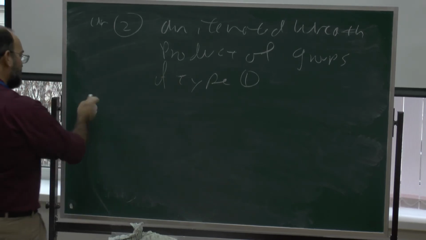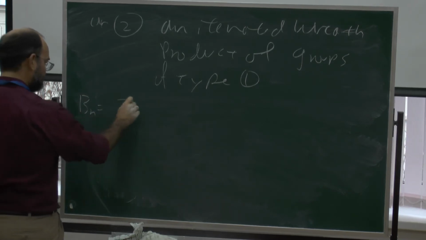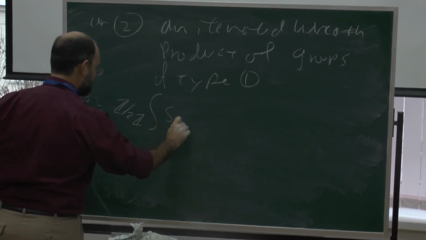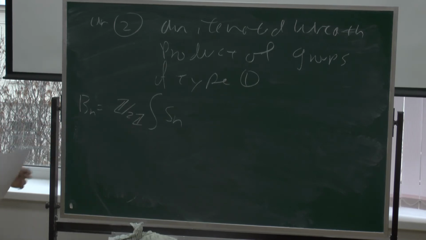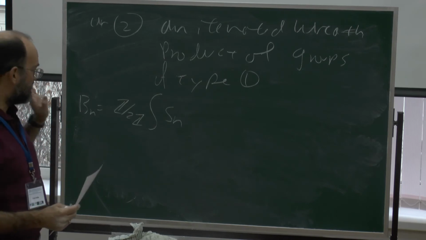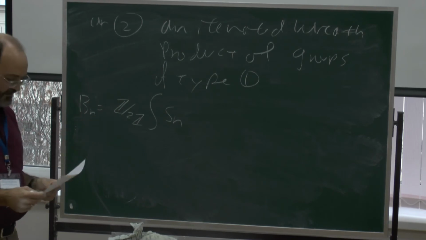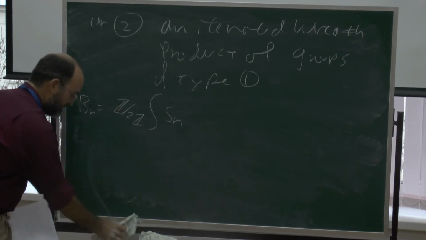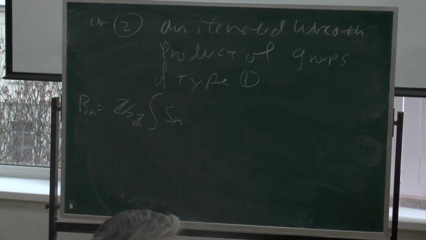So for example, B_n, which is Z mod 2 wreath S_n, is an example of an iterated wreath product that we already looked at. So the constructions we know are of this form, and nothing else. So no Mathieu groups, no cyclic groups other than Z mod 2. So that's what's been discovered.